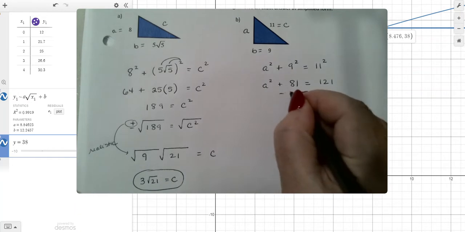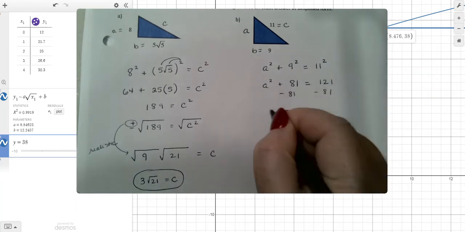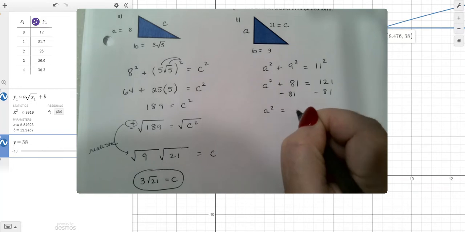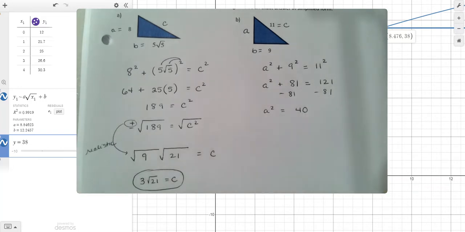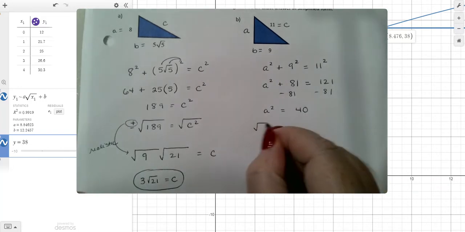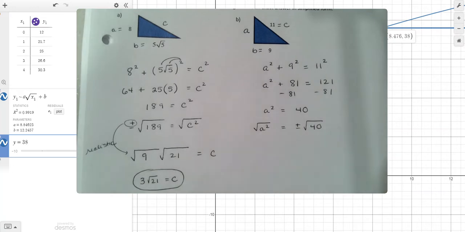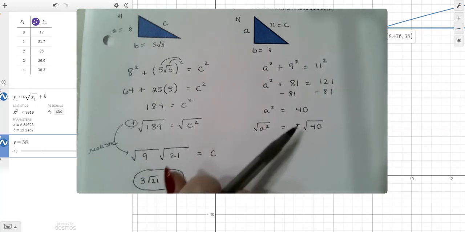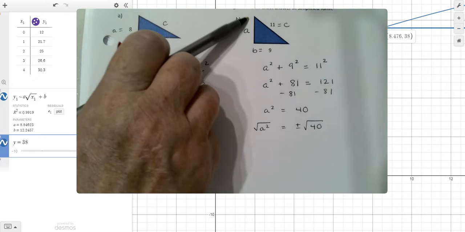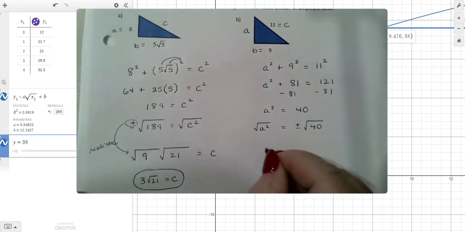And to solve for A, I'll subtract the 81. And then we'll take the square root on both sides. Again, technically when I solve, I should take into account both the positive and negative square roots. But realistically, I know the length of a side has to be positive.